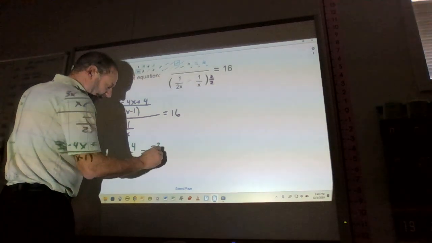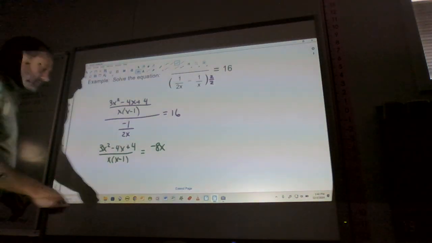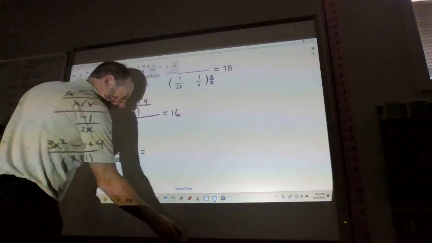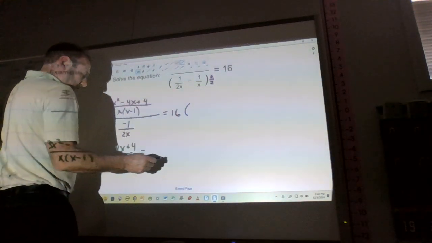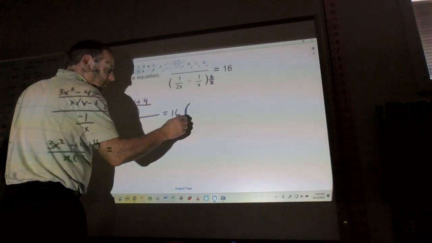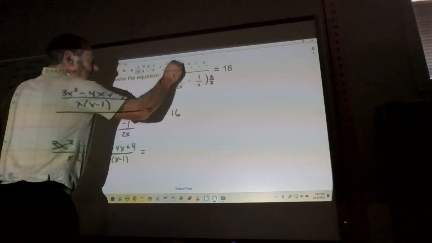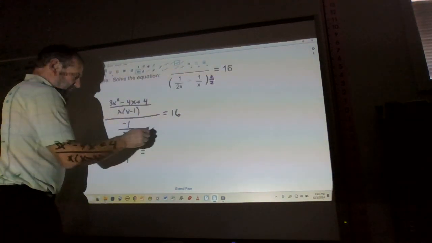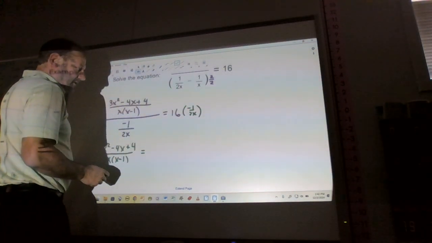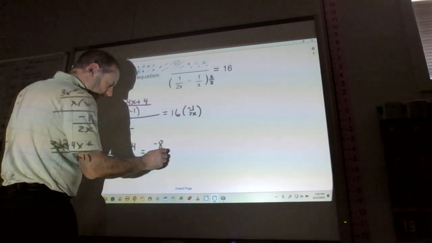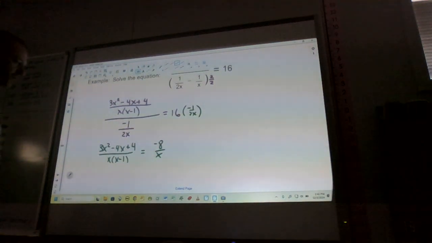That's going to be negative 8x. Wait, no it's not. It's going to be, let's see. Having issues here. Okay, so if I multiply both sides by this, I'm going to get negative 8 over x.